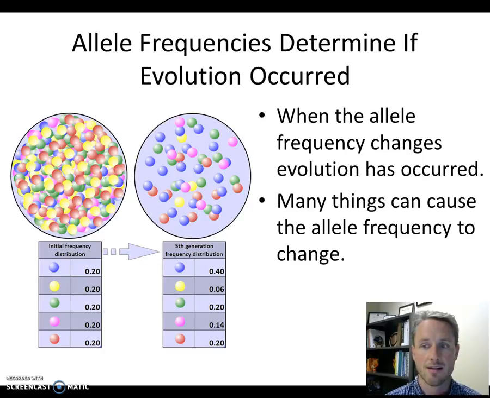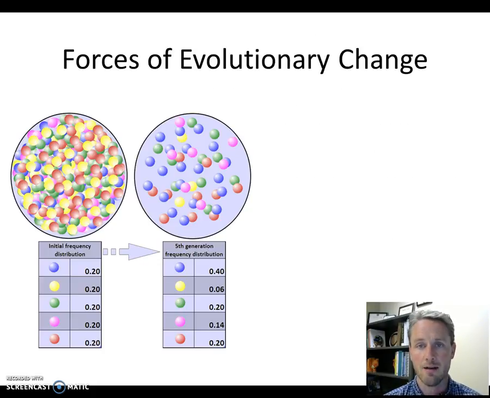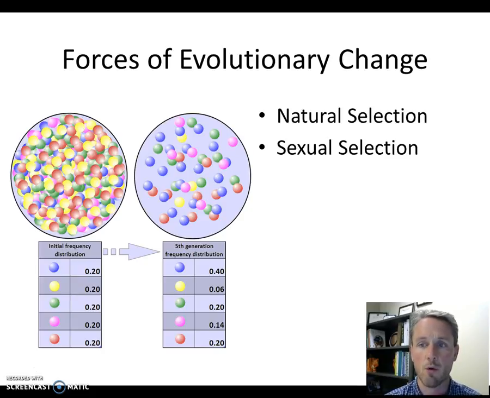And today we want to discuss the many things that can cause these allele frequencies to change. So we've discussed some of these previously. We're going to lump these all together into things that are forces of evolutionary change. Again, we've discussed a couple of them previously. The two we've specifically discussed before are natural selection and sexual selection.